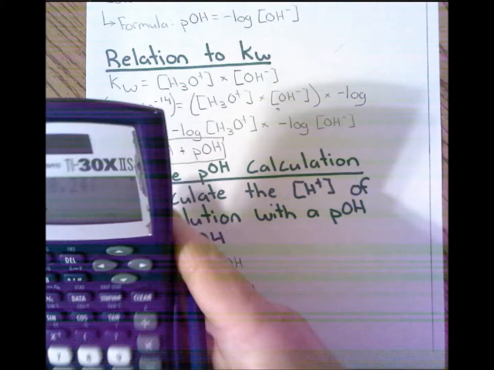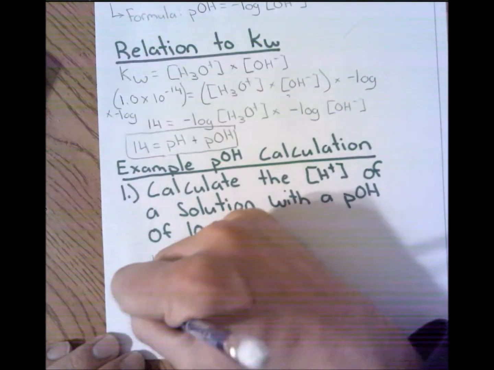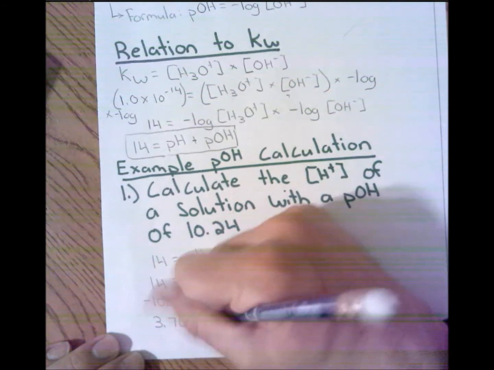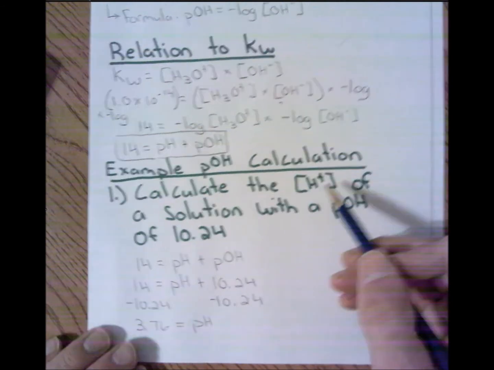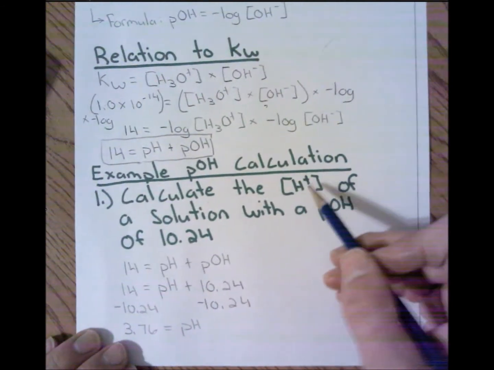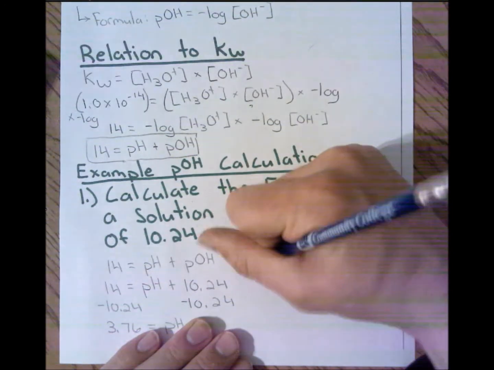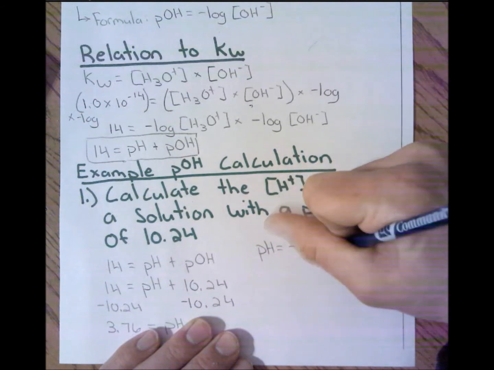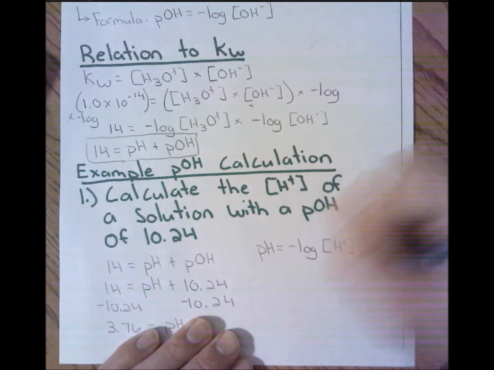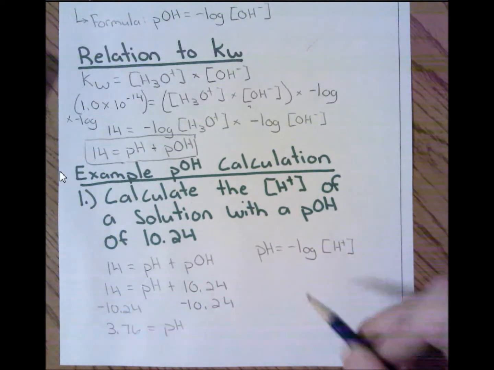And now this does not answer the question. We want to know what is the concentration of H plus. Our pH, remember, is equal to the negative log of the concentration of H plus. So in this case, our pH, we just found out, was 3.76, equals the negative log of H plus.